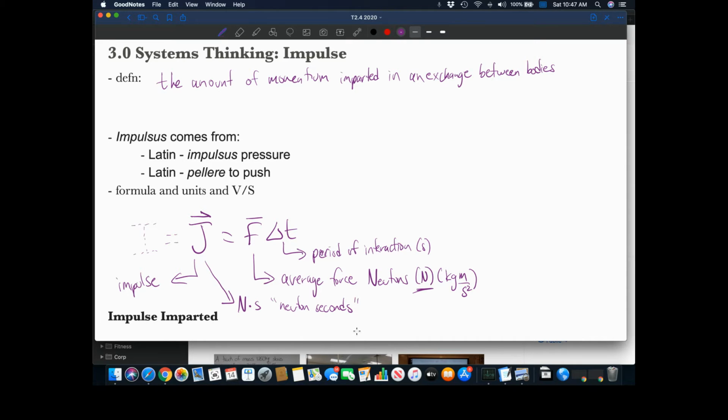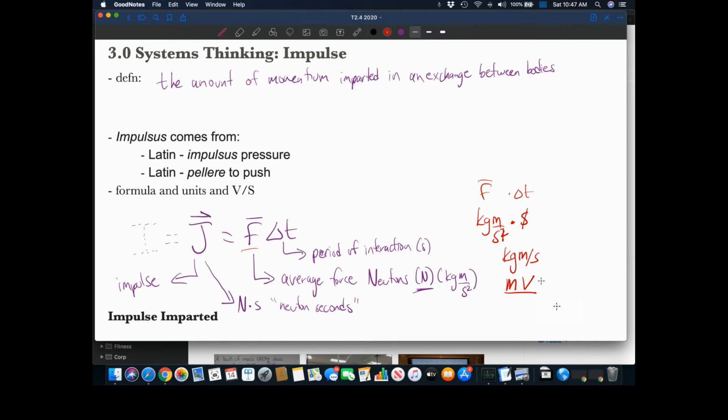So let us go further ahead with these units. If we have units of force, which are kilogram meters per second squared, and we have time, which are units of seconds, so this is F and delta t, then you can see this seconds and this seconds will cancel, and we'll be left with kilogram meters per second, which you will recognize as mv.